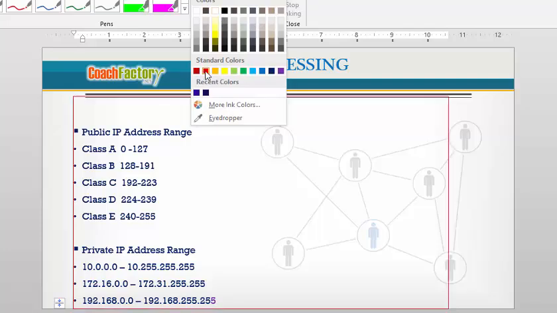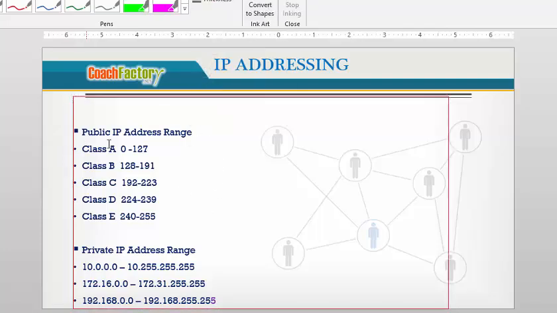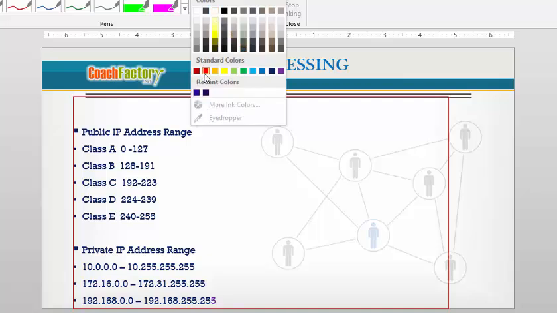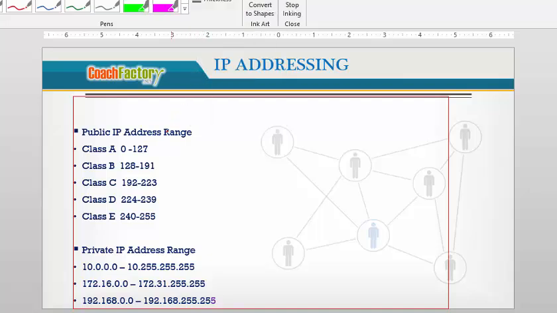Now we have a public IP address range as well as a private IP address range. Now what is the difference? We already discussed the difference between public and private IP addresses. Now let's see what the differences are between these class A, class B, class C and class D addresses.